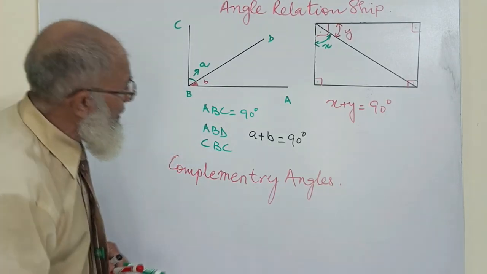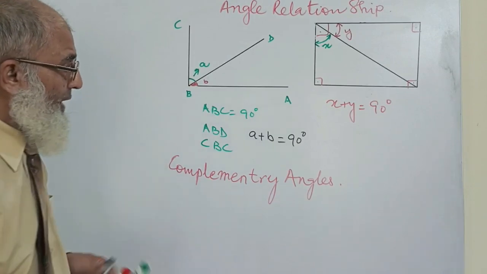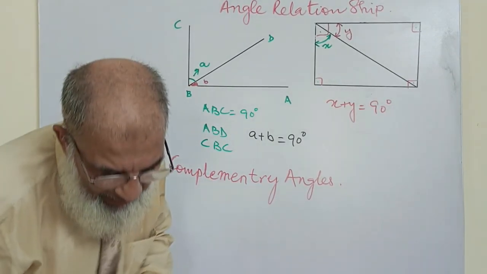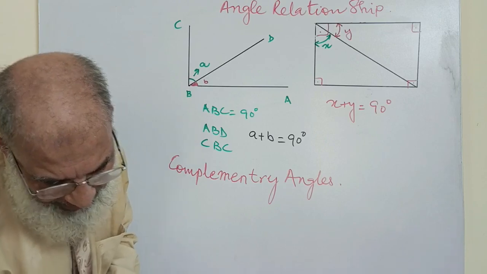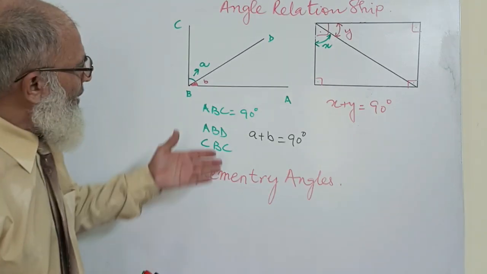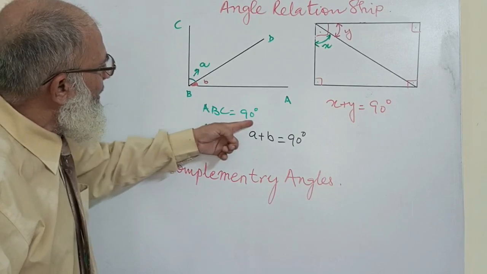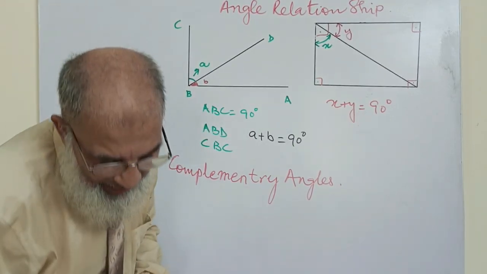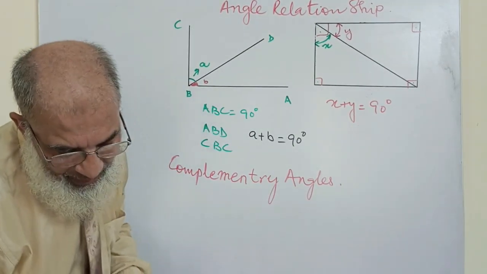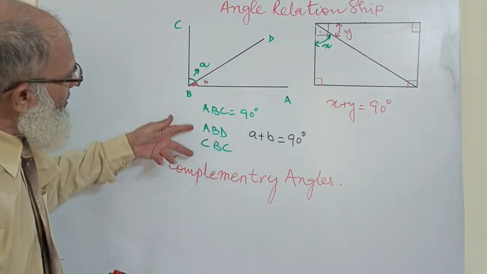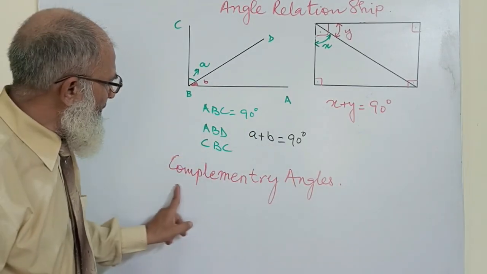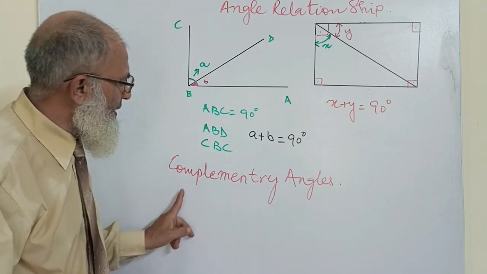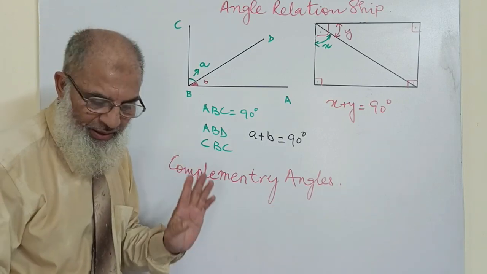So my dear students, these are called complementary angles. Complementary angles are the angles in a right angle which add up to 90 degree, and when the sum of two angles is equal to 90 degree, then we say that they are complementary angles.